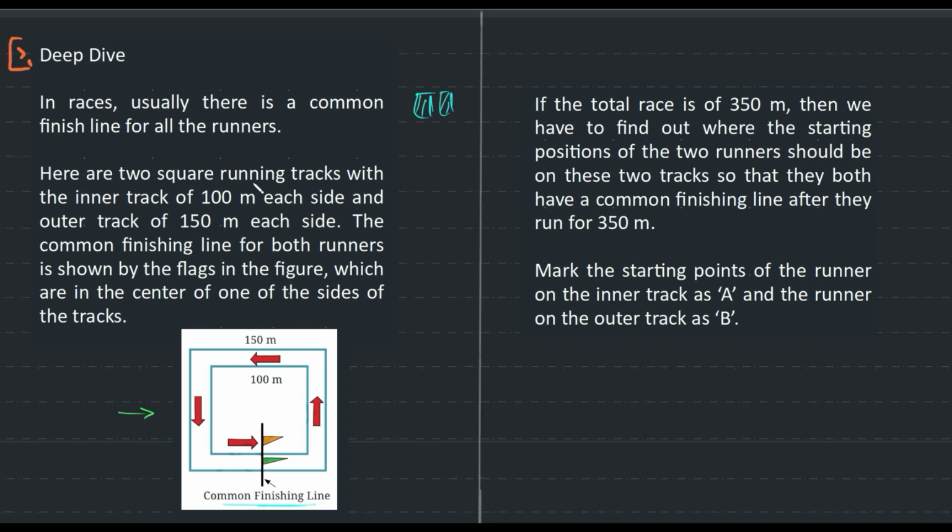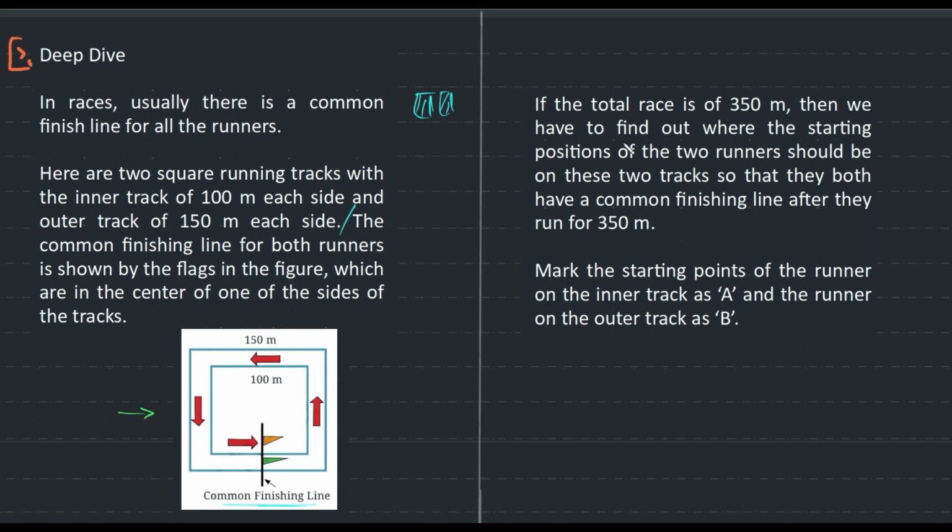So there are two squares running track with the inner track of 100 meters each side and the outer is 150, as you can see in the figure. The common finishing line for both runners is shown by the flag in the figure, which is in the center of one of the sides of the track. If the track race is 350 meters, they have to run 350 meters to finish the race.